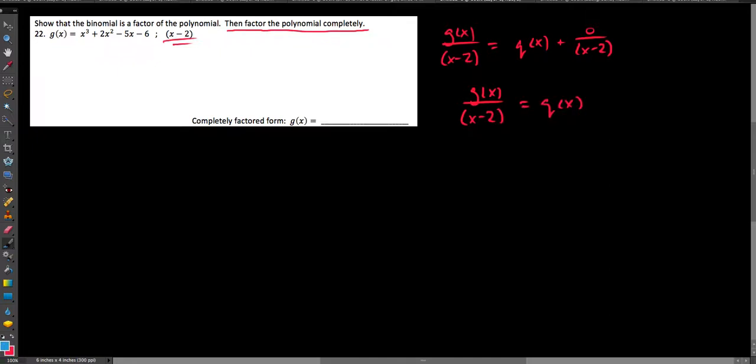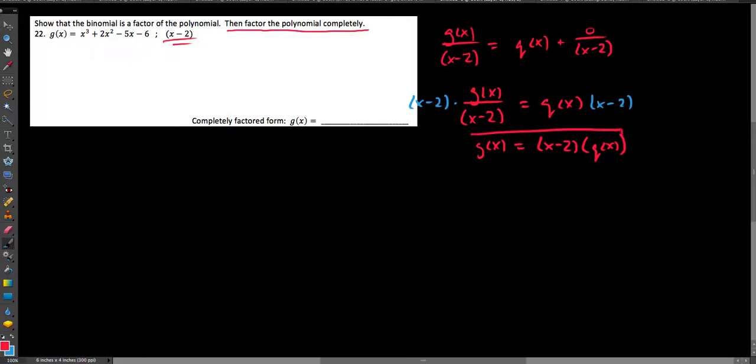And so really what we're seeing is that if I were to rewrite g of x on its own, that is, take both sides of this equation times x minus 2, we get this general statement that if x minus 2 is a factor, then g of x would be x minus 2 times whatever you got for an answer when you divided x minus 2 out of this.